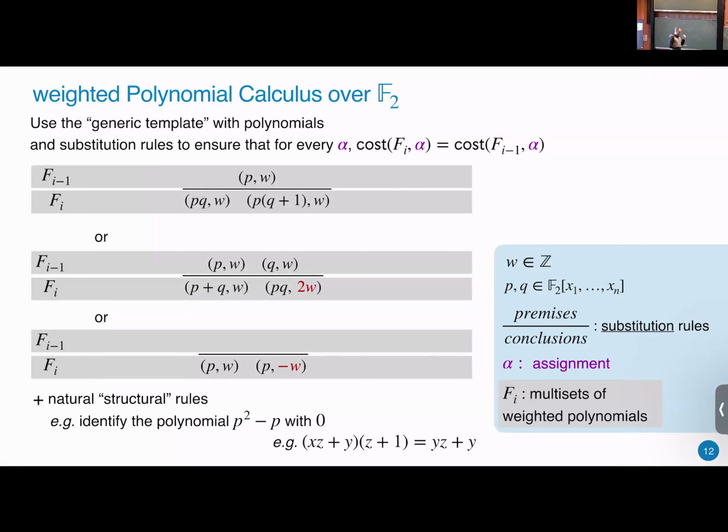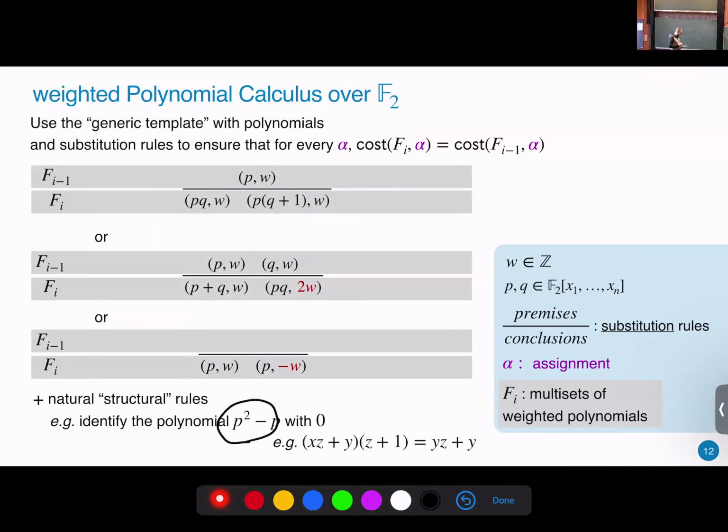But also there are rules to identify polynomials, like we want to identify this polynomial and the polynomial 0. Of course, as polynomials, they are different. But since we are only interested in how these things behave when we evaluate them, if we are over F2, this thing and 0 are the same. They behave the same. So for instance, when we multiply this product of two polynomials, xz times z plus 1, this is 0.